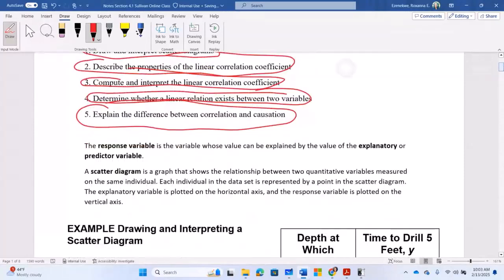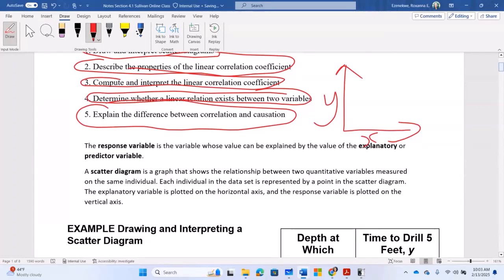If I draw a graph in the first quadrant, the predictor variable is x, the response variable is y. So y is the response variable, x is the predictor variable.